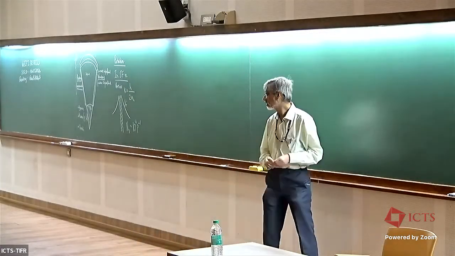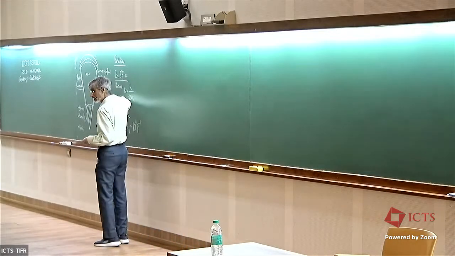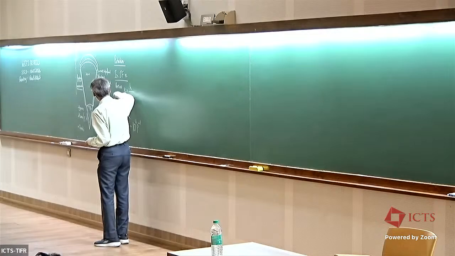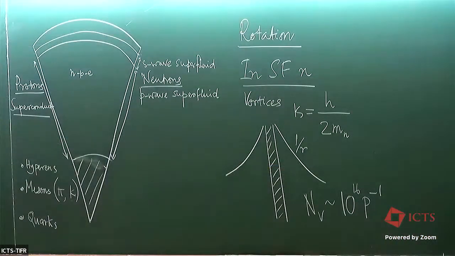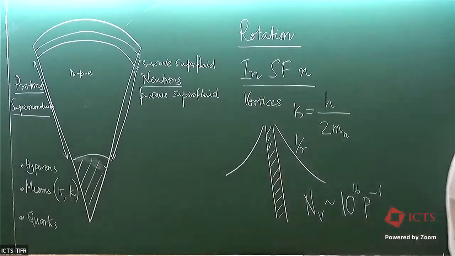So much so that the magnetic field due to that P-wave pairing near this vortex core could be as high as 10 to the power of 13 Gauss. That's part one. Part two is that this neutron superfluid coexists with a proton fluid. It's a proton superfluid. Strong interaction does not distinguish between protons and neutrons.